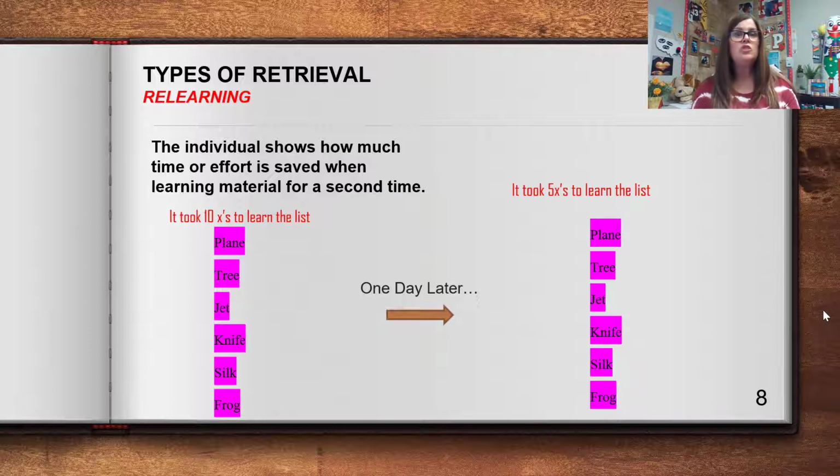And then you come back to the information the second day. And the second day, it only took you 5 times to learn the list. And so what it shows is that relearning becomes much easier, and you save time and you save effort if you can relearn material on a subsequent day or time.